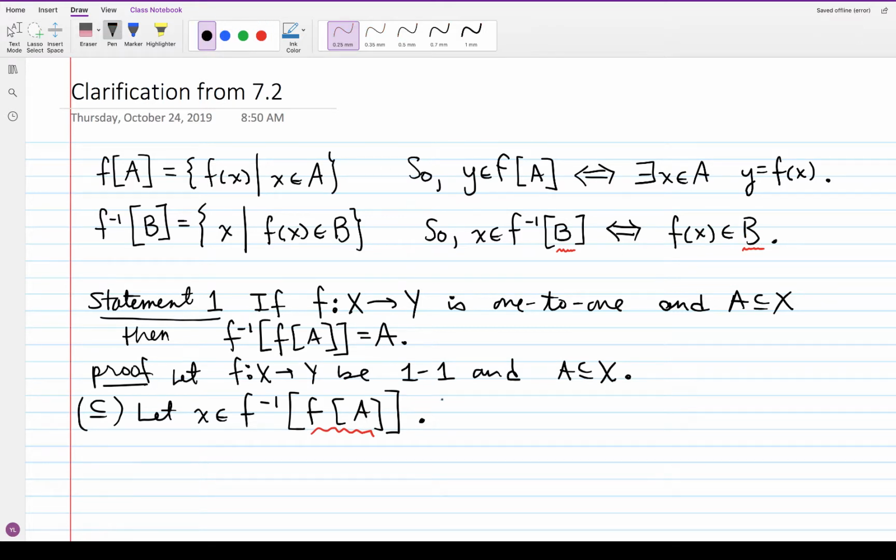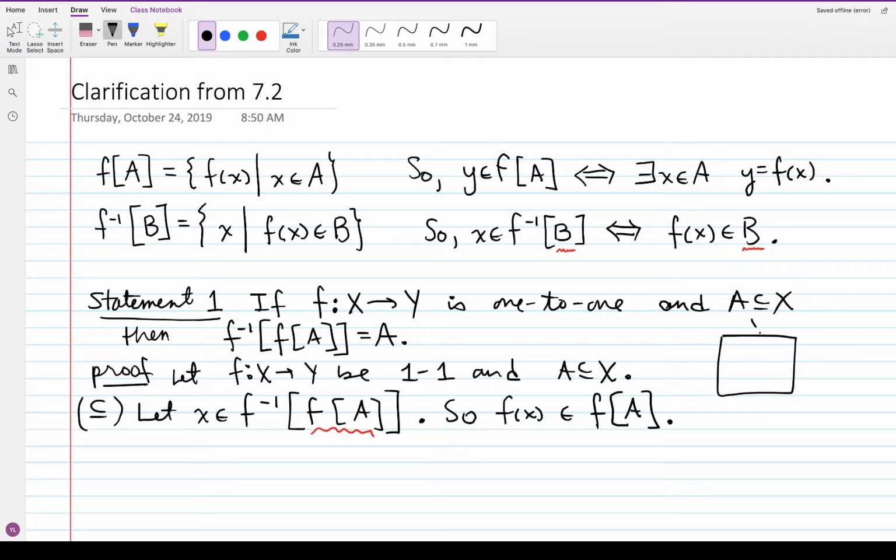So my first conclusion that I want to make in this proof is that f of x is in f of A. Okay, and I like to get a picture drawn here.